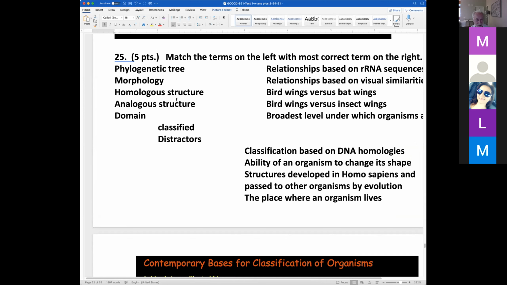And these are two key words, homologous structure and analogous. Homologous structures are, for example, bird wings versus bat wings. They have a common evolutionary origin, whereas an analogous structure, bird wings versus insect wings, they have similar functions, but they're derived differently.